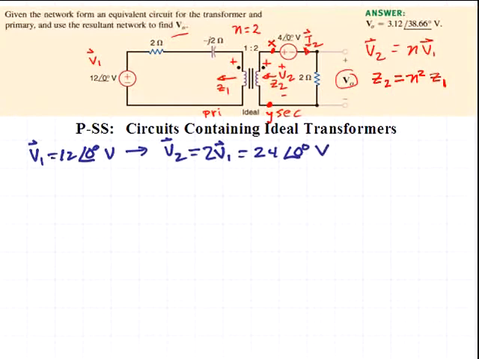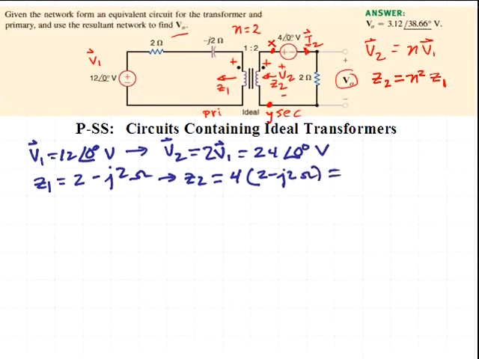For the impedance, on the primary side Z1 is equal to 2 minus J2 ohms, and this will transform to the secondary side as Z2 equal to the square of the turns ratio, which is 4, times this 2 minus J2 ohms, which is equal to 8 minus J8 ohms.